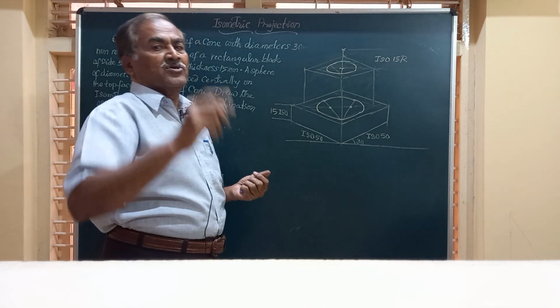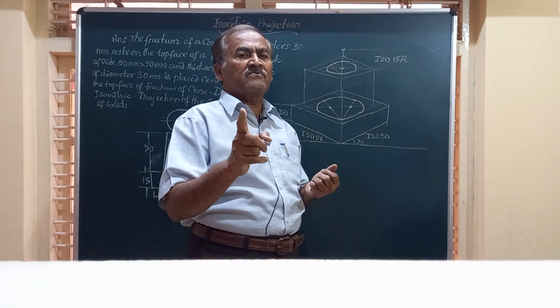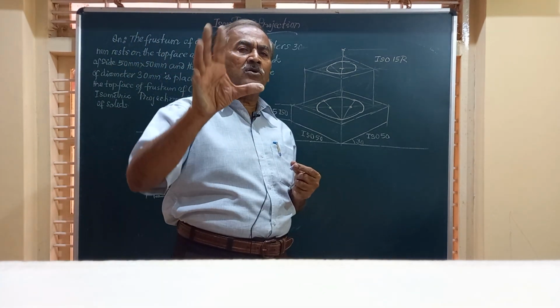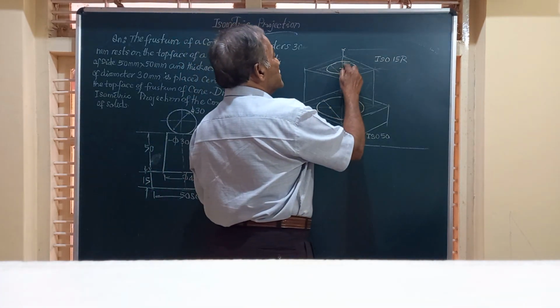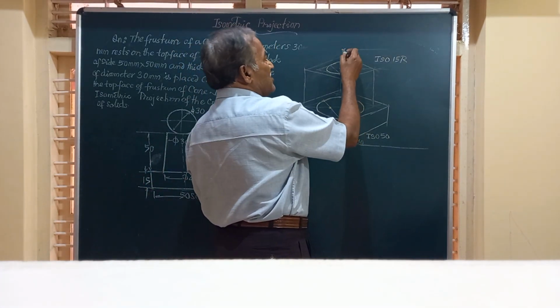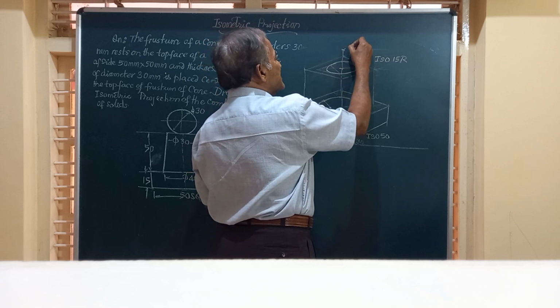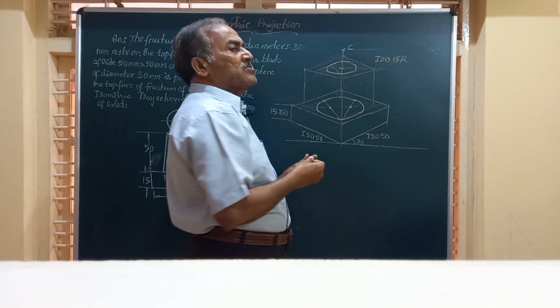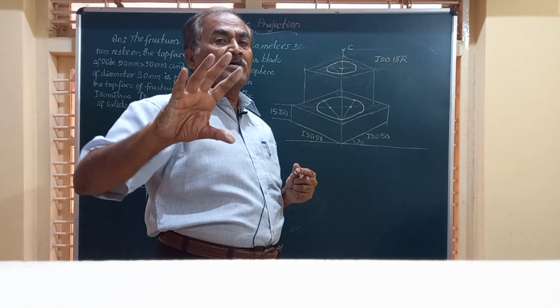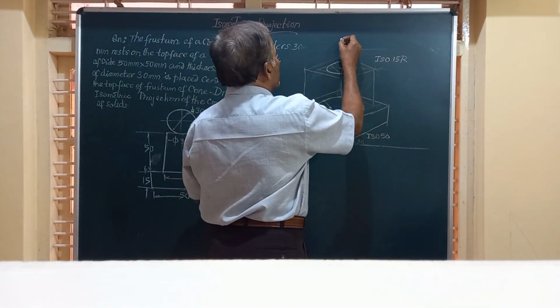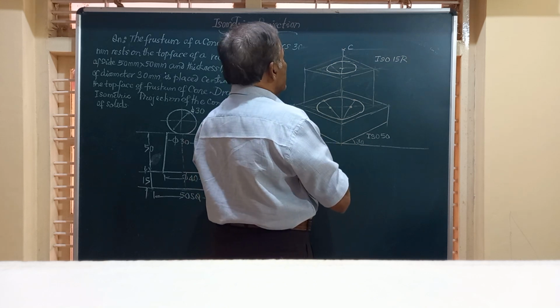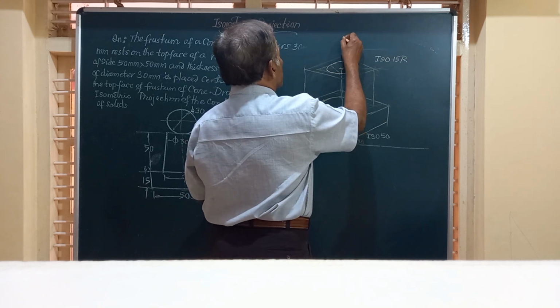to the actual radius. Once again I am repeating, friends, in case of all spheres in the isometric projection, you have to take the isometric height from the center. After obtaining the center C, we have to take the actual radius, and we have to complete or draw a circle through it.